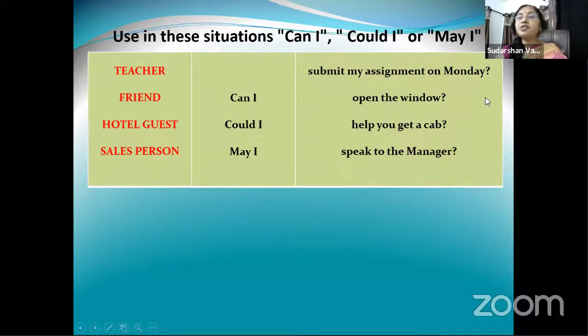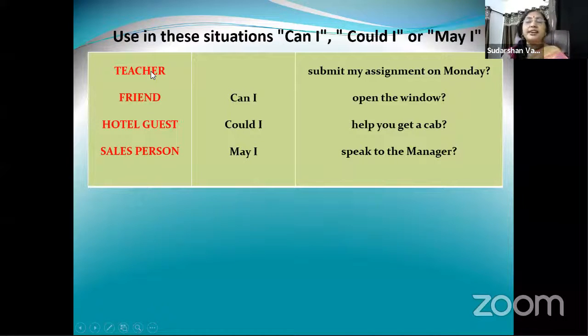And of these options, you can also choose. For example, you tell the teacher you want to open the window. See how many sentences you can make here.